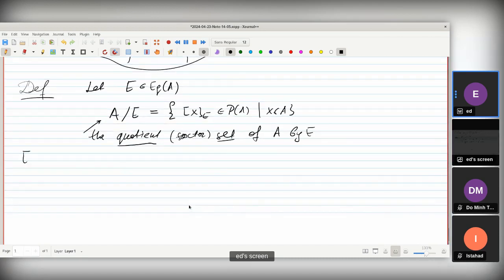For example, if we take integers and consider equivalence classes, how many equivalence classes would we have?